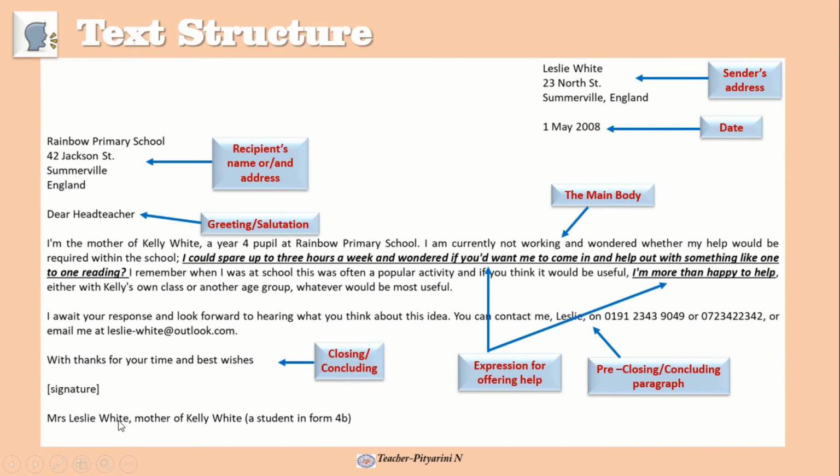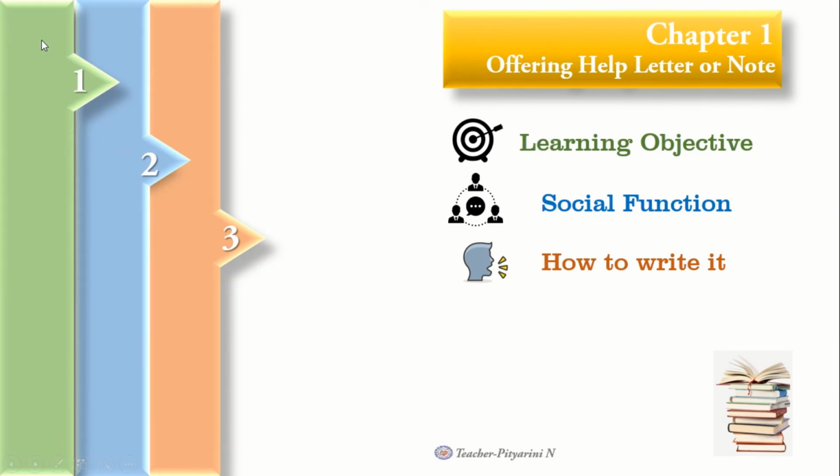Here, Mrs. Leslie White write with thanks for your time and best wishes, comma. That's also possible. The last one, the very last one is signature. You write your name, your full name here, okay? Then that's all.